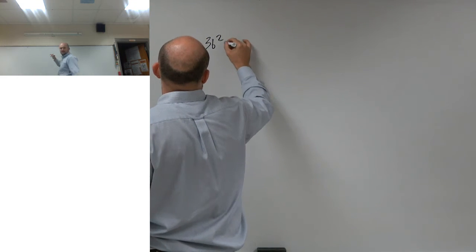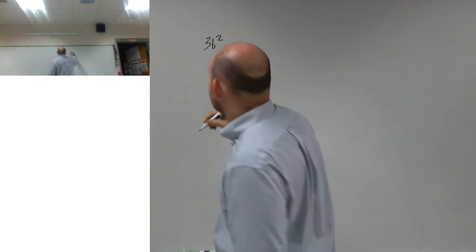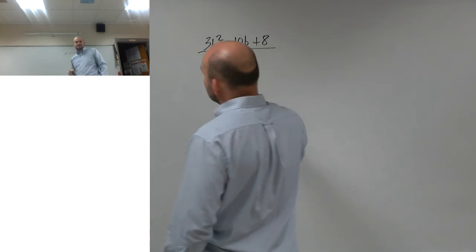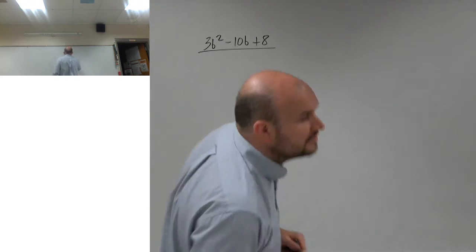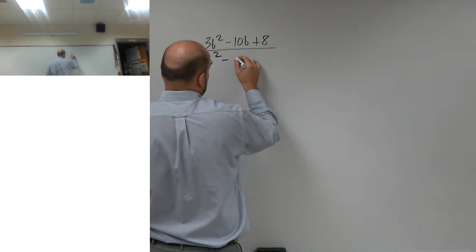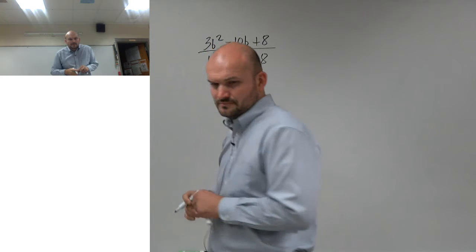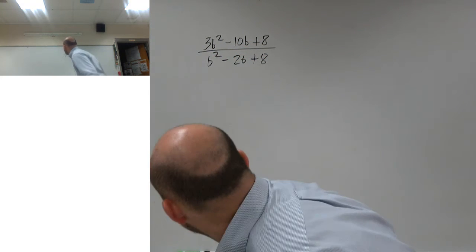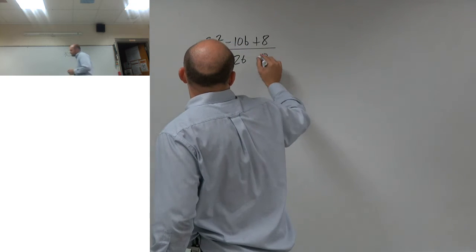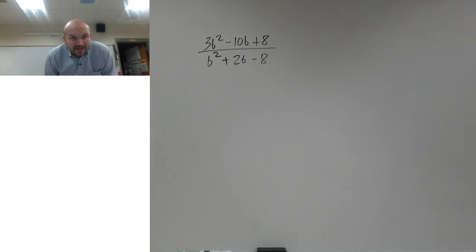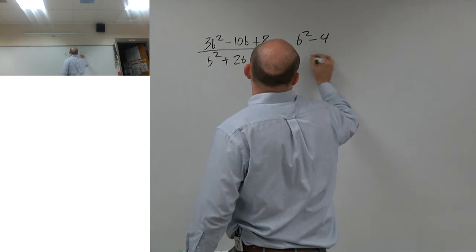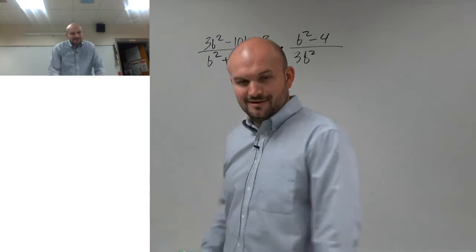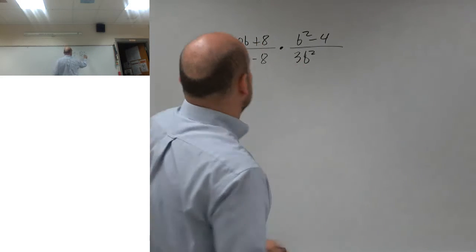So basically, we have 3b squared plus 10b minus 8, divided by b squared plus 2b minus 8, times b squared minus 4, and then that's over 3b squared plus 4b minus 4.